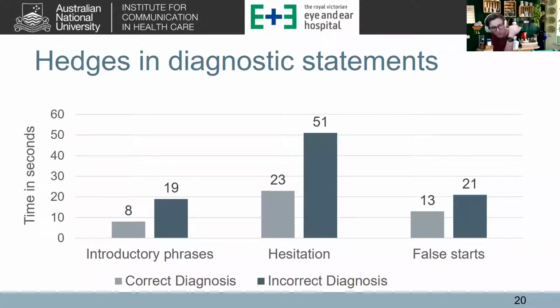So there were a lot more introductory phrases, hesitation, and false starts for the ones with incorrect diagnosis. You can see that they were trying, and had trouble, to signify that they might not have been 100% sure about the diagnosis. So where did most of these things occur?